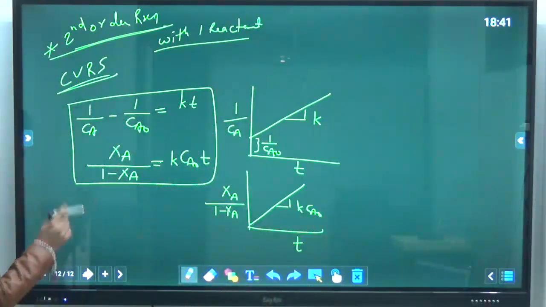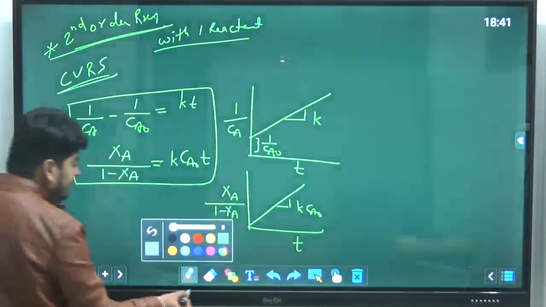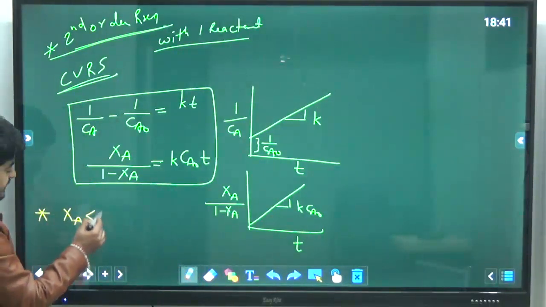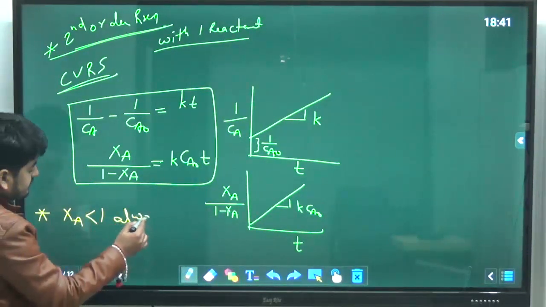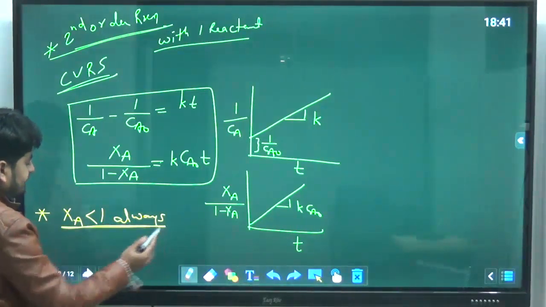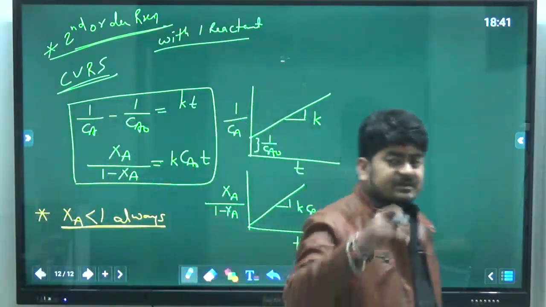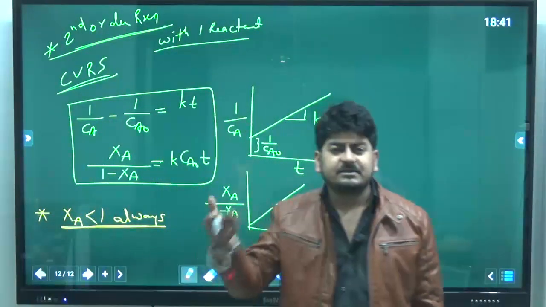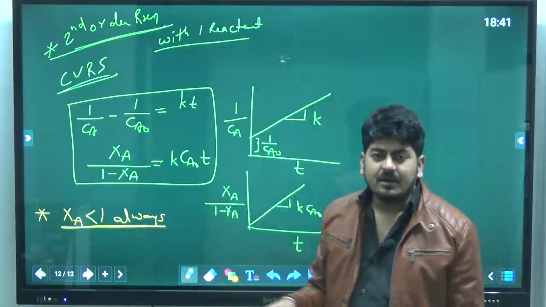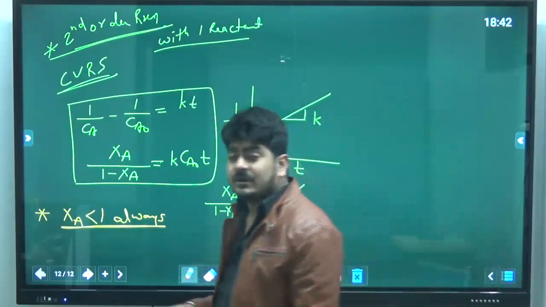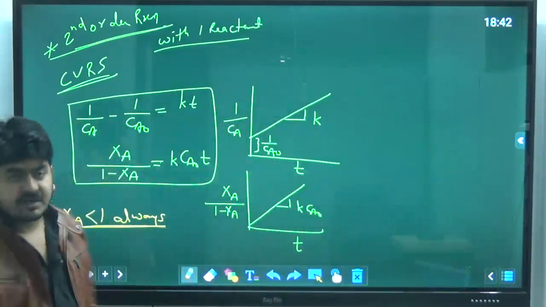And for second order reaction, the important point that you should know is that Xa will be less than 1 always. Theoretically, we cannot achieve 100% conversion even in theory, so practically it is not possible at any time. Why?